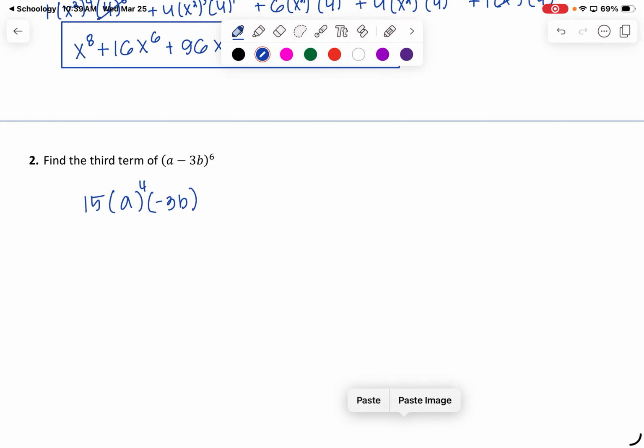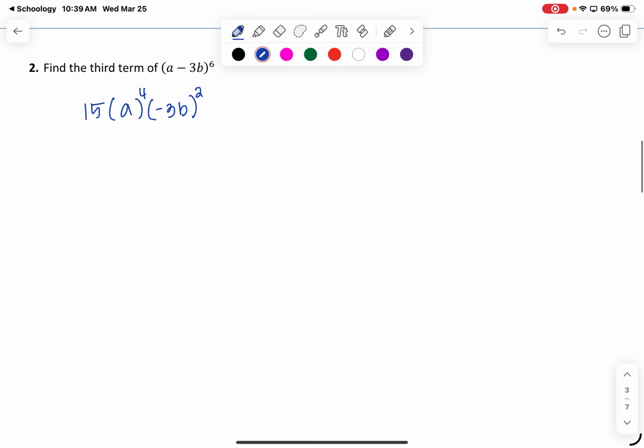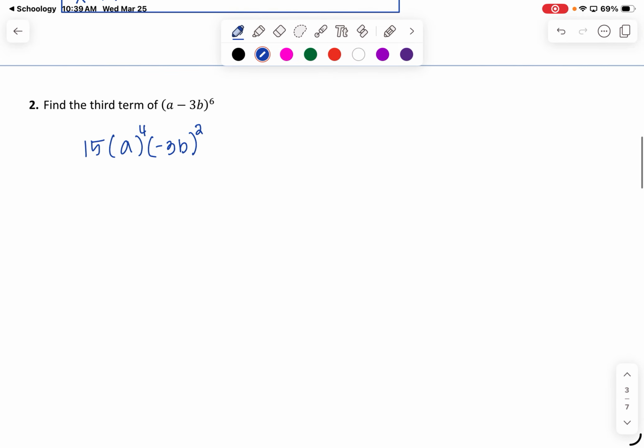And then going backwards, or realizing that these have to add to 6, which is the faster way, knowing that, that's going to be b squared. Negative 3 squared is 9. 9 times 15 is 135. So I have 135 a to the 4th b squared. And that is the 3rd term.